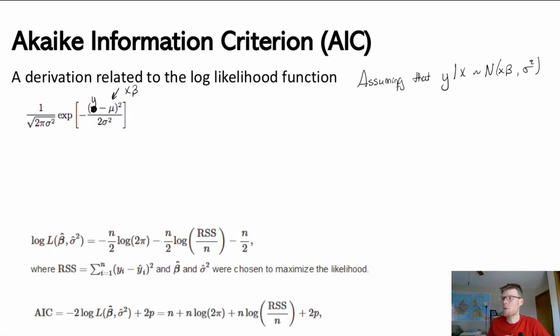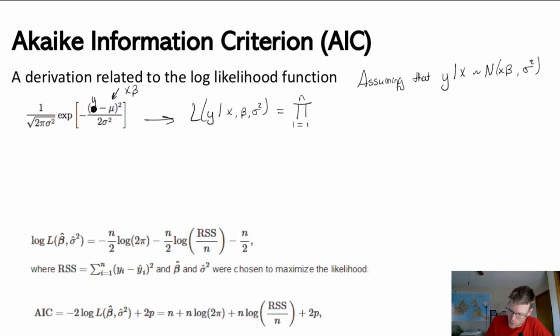Now, if I have a sample of response variable values, I can represent the likelihood of y given x beta and sigma squared with this equation, where I multiply each of these individual likelihoods by one another. So the likelihood of observing this y and this y and this y is going to be the likelihood of this one times this one times this one times this one.